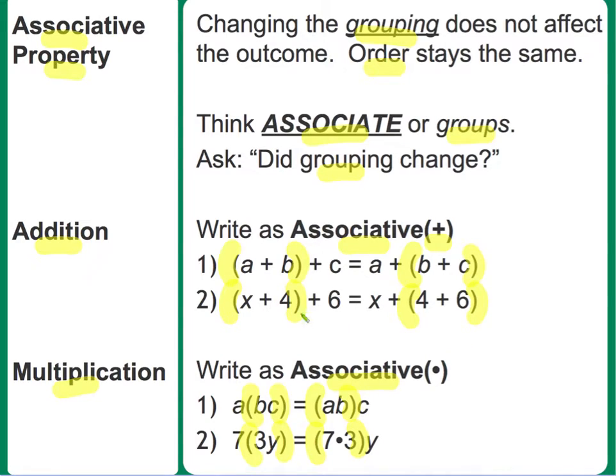So these properties allow us to change the grouping, and we will get the same expression. Your goal will be to identify which of these properties is being used for equivalent expressions.